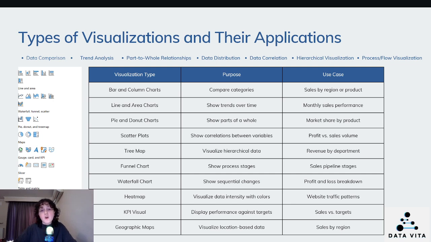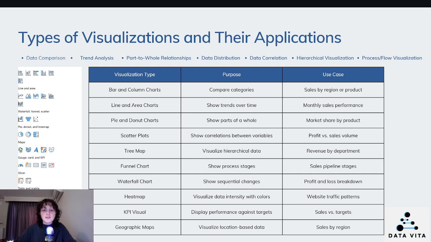Data comparison compares values across categories. For example, you can use bar and column charts. Trend analysis tracks changes over time, for example, line and area charts. Part-to-whole relationships show how components contribute to a total, for example, pie and donut charts. Data distribution highlights the spread or concentration of values, for example, histograms and box plots.